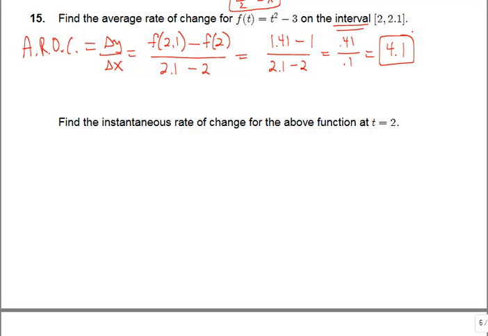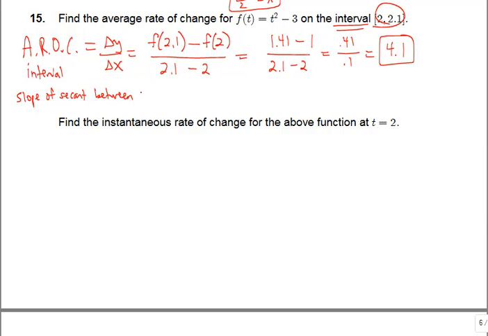So your average rate of change always has to have an interval given to you. You have to have a time 1 and a time 2, and it represents physically on a graph the slope of the secant line between your 2 endpoints, your two times.